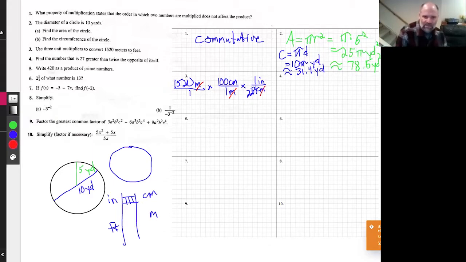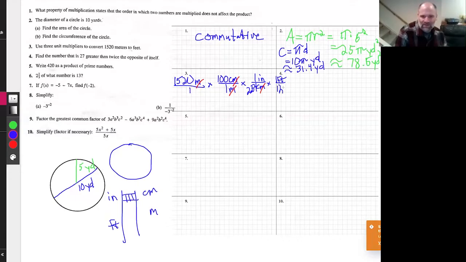All right, now our centimeters cancel, but we're still not there. We have to get to feet. Okay, so multiply by 1 foot over 12 inches because we're wanting to get to feet and get away from the inches. Okay, so here's what we're left with.